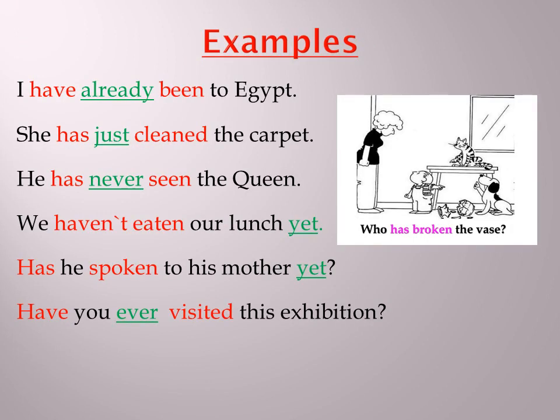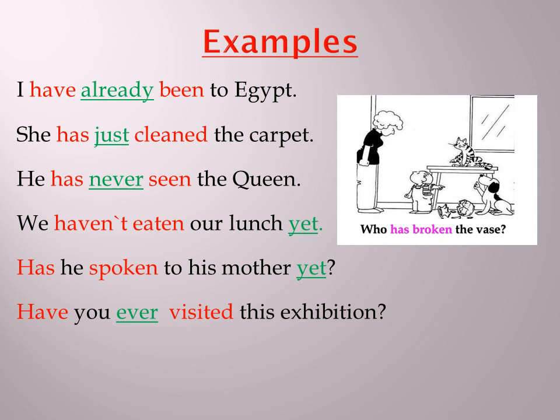Let's study other examples. I have already been to Egypt. She has just cleaned the carpet. He has never seen the Queen. We haven't eaten our lunch yet.